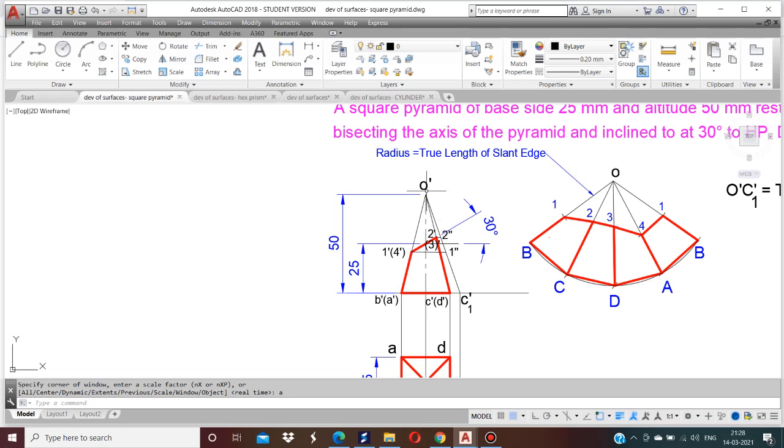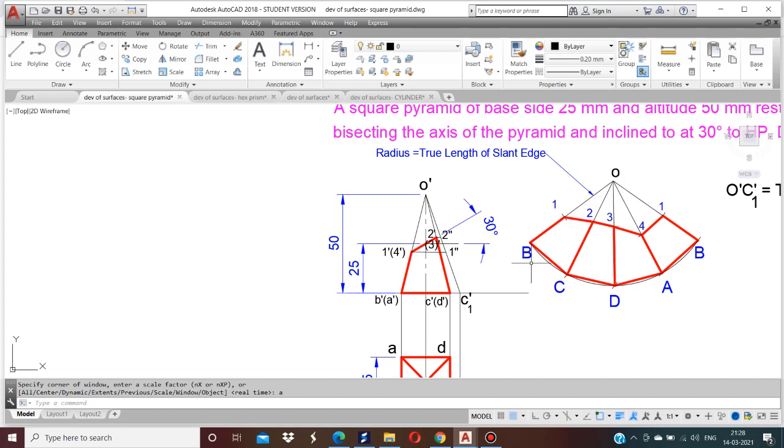That is the distance equal to the radius O dash C1 dash. The O dash C1 dash radius is the length of this OB. I have written above: radius equals the true length of the slant edge.